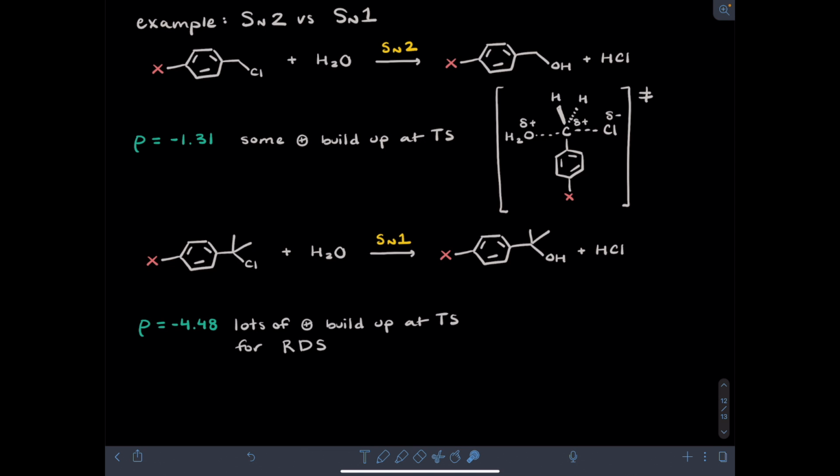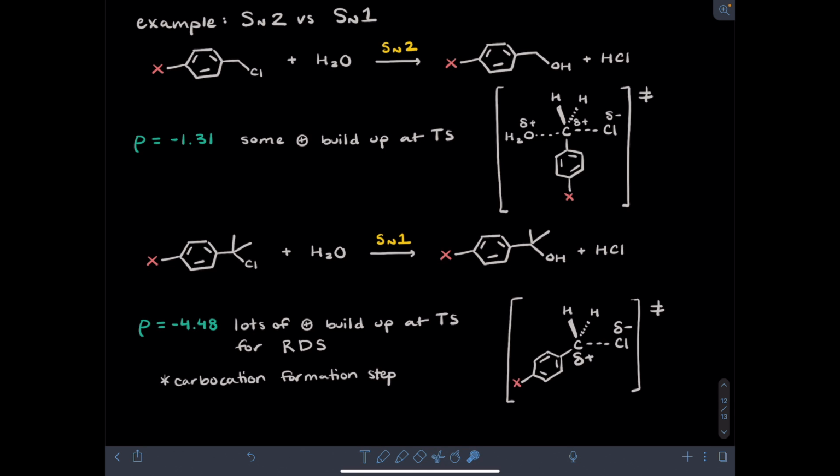The ρ value determined for this series of reagents is negative 4.48, so negative indicating that positive charge is building up near the aromatic ring at the transition state, and the fact that it is more negative than the previous case indicates that there is more positive charge developing at the transition state for this reaction compared to the SN2 case we saw previously.